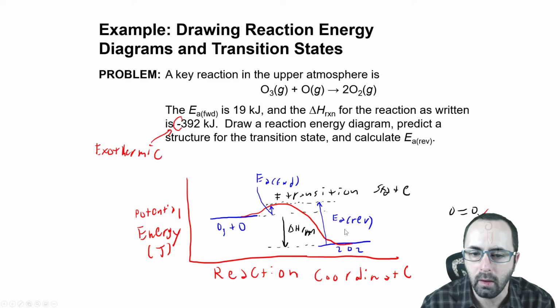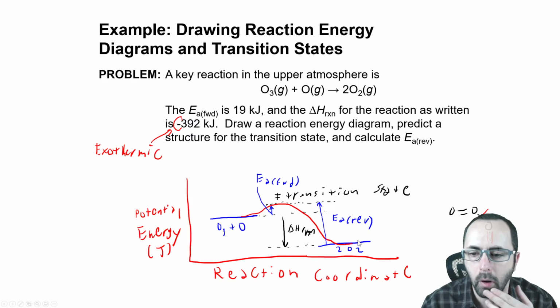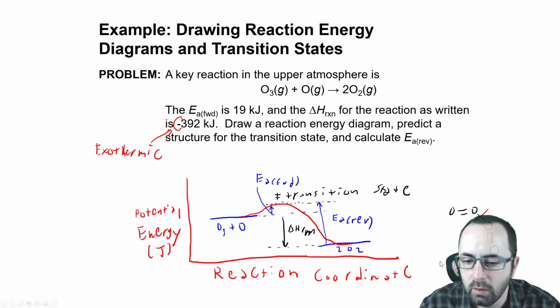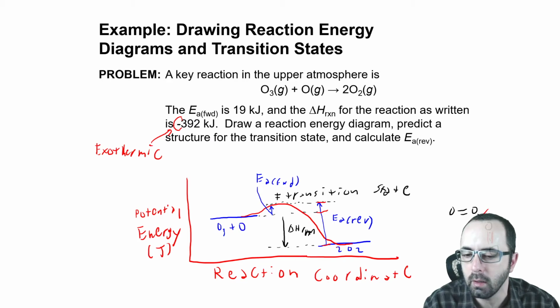And so if we look at the next slide, I've just got that all typed out here. One other part of the question was, what is the reverse activation energy? So the reverse activation energy is going to be equal to, we can see the delta H of the reaction, which takes us from here to here, plus the activation energy, which is going to take us from here to here.